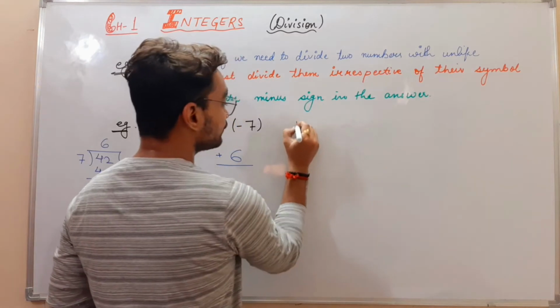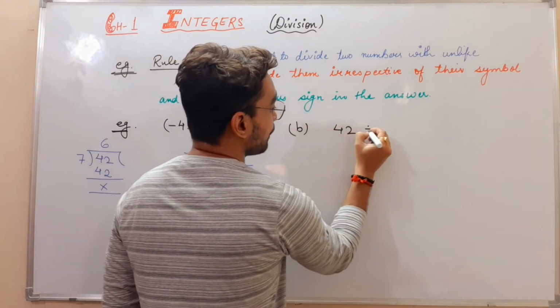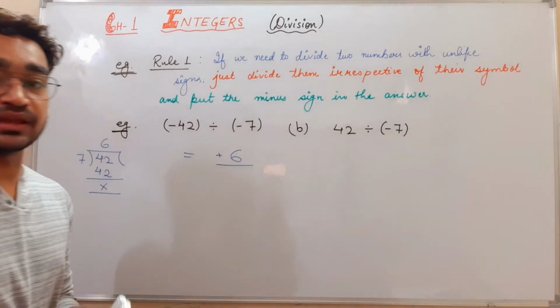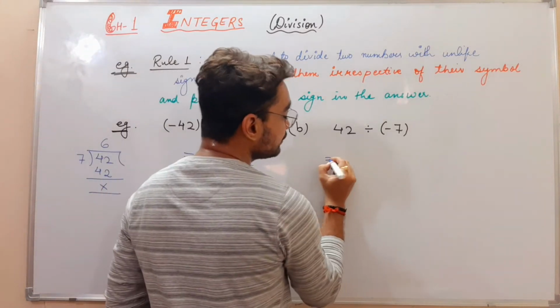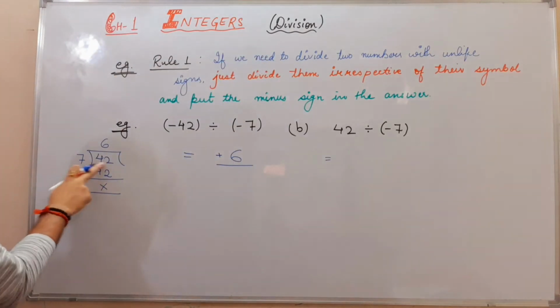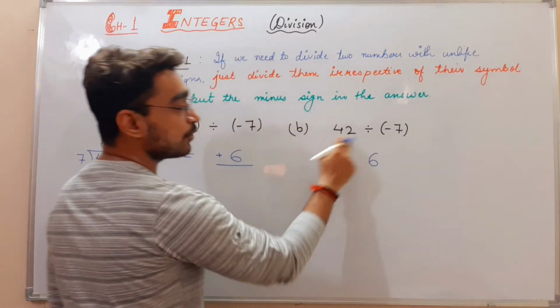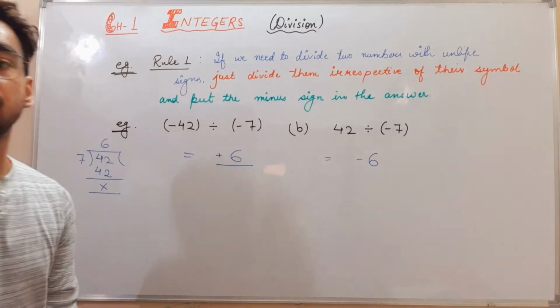But if any one of them, if I am saying 42 is positive but 7 is negative, if any one of them is negative, then just divide them as casually. 7 sixes are 42. As one is negative out of both, answer will be minus 6.